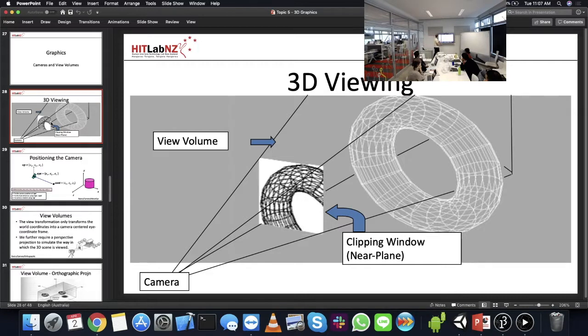By having the view frustum and the near and far clipping planes, we can avoid a lot of issues with things getting in front of the camera, but it also allows us to optimize. If I'm playing a game and my character can only see a kilometer in the distance, that's probably enough. Nothing within a kilometer or outside of a kilometer is going to have any impact or effect on the game, so let's just forget about it.